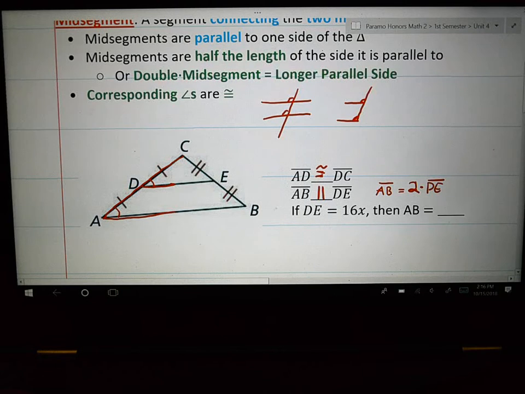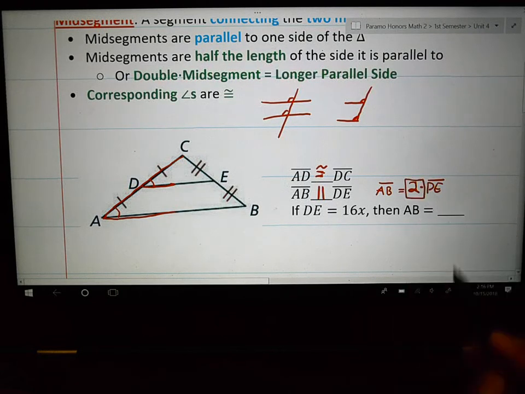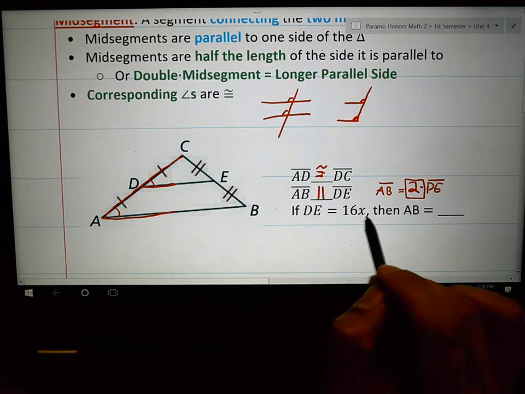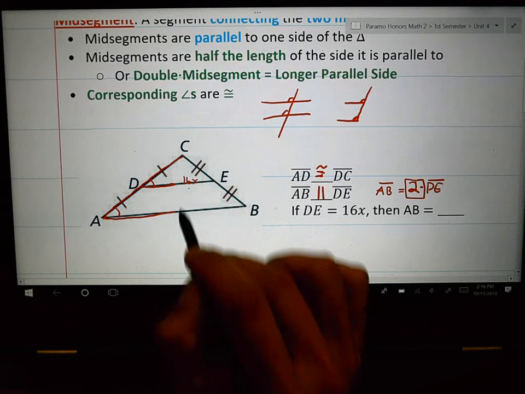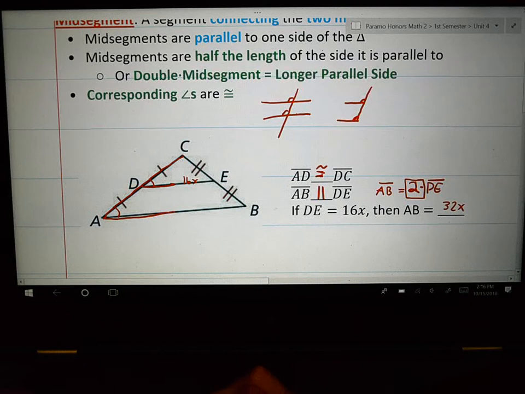I could also put that in there as well. They both would work. Lastly, if DE was 16x, then AB has to be 32x. Fairly simple, and that's pretty much how the basics are for this section.